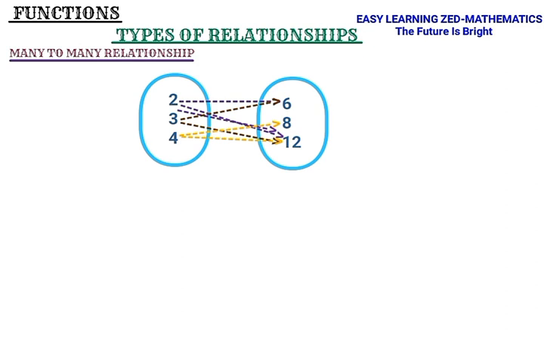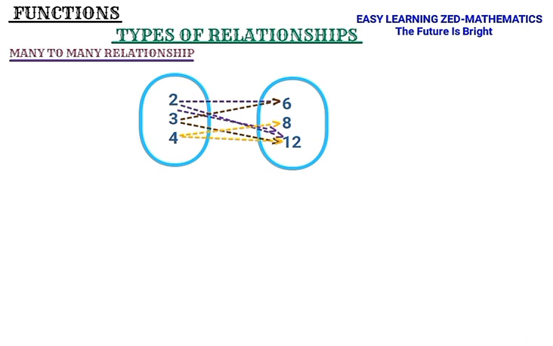So the relationship here is many to many. Just like in our life, we have friends. I can have friends, and my friends have friends, and their friends have friends. So we are connected to many. My best friend has also a best friend, and that best friend has also a best friend. It's just a chain of best friends.